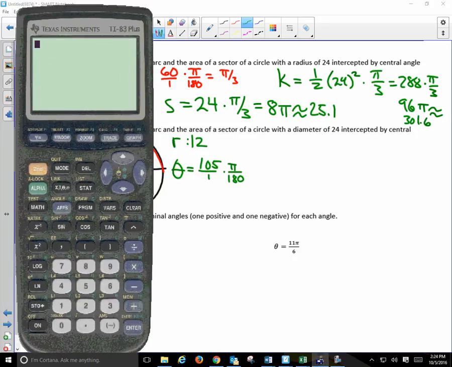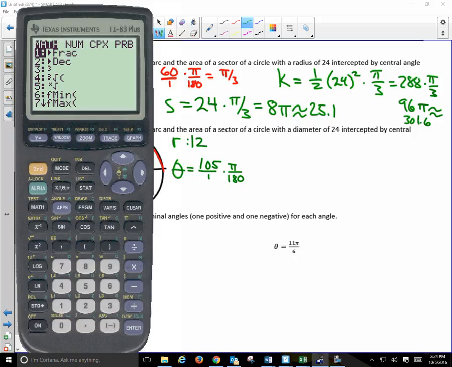Some of you know that's 7 pi over 12. If you don't know that, take 105, divide by 180, convert to fraction, and it'll put it in simplest form for you. Don't forget about pi. So it's 7 pi over 12.